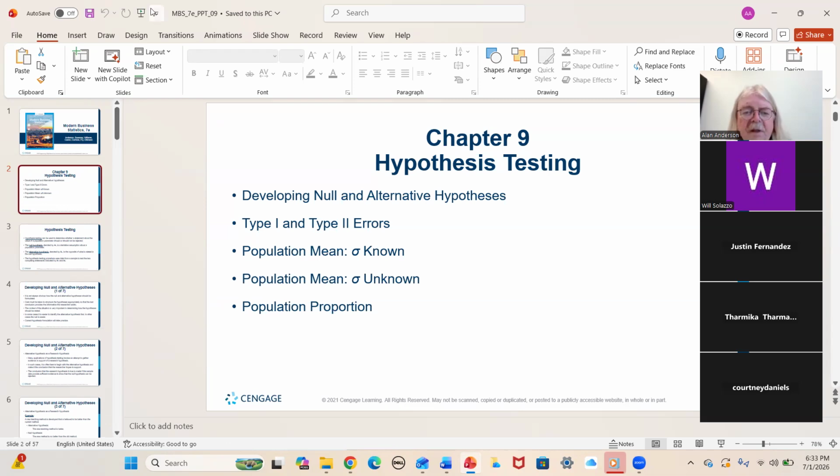So primarily, we're going to focus our attention, at least in this chapter, on drawing conclusions about the population mean and the population proportion. Later on, that will change, but right now we'll be focusing just on those two things, the mean and the proportion. By the way, the reason for that is because the other testing that we'll be doing will require us to use a different probability distribution, ones that we don't actually know yet.